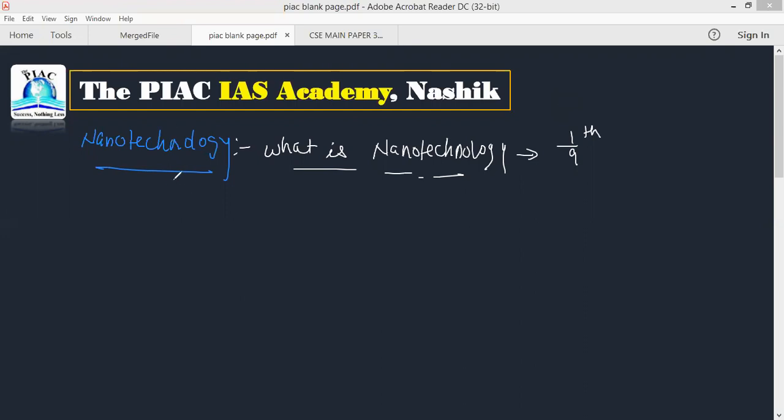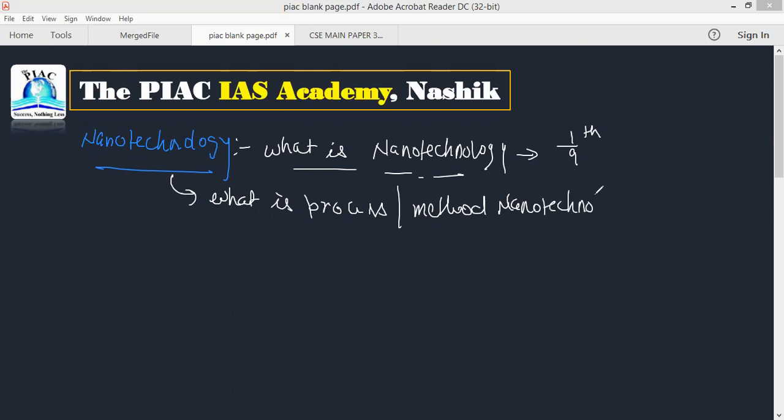So what is the process or methods of nanotechnology? There is a bottom up approach and a top down approach. Then what are the applications of nanotechnology in various fields?